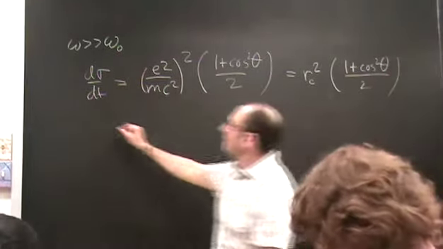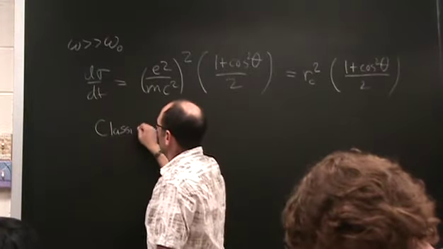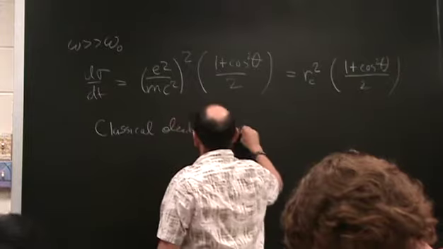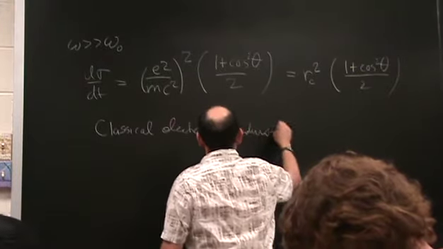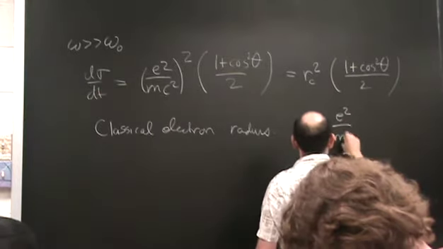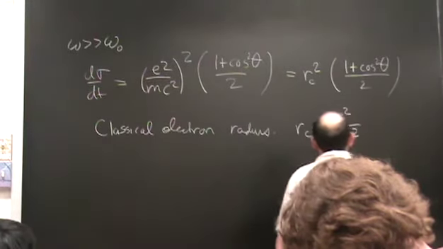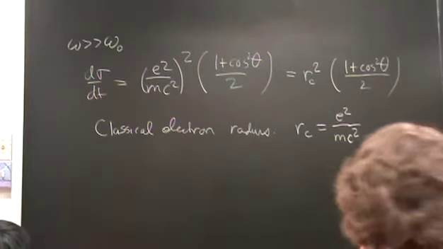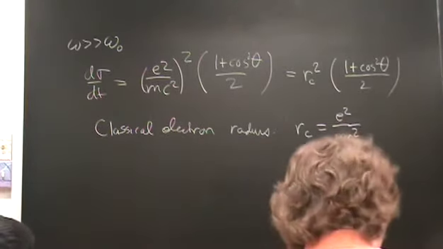So the classical electron radius is defined as the ratio of e squared divided by the rest mass of the electron. Remember, why is this called the classical electron radius?